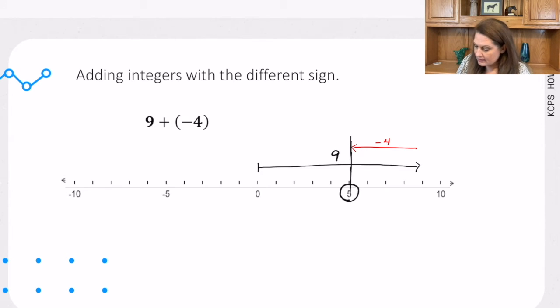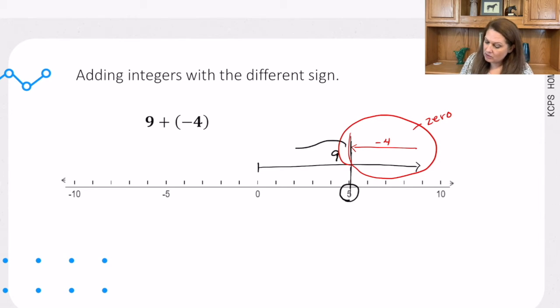It's right at the number 5. So 9 plus negative 4 is positive 5. Notice this again, this portion right here cancels each other out. That creates my 0. And that now leaves me with 5 left over. So 9 plus negative 4 is 5.